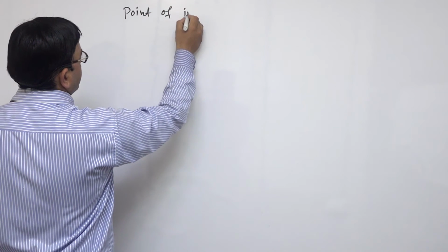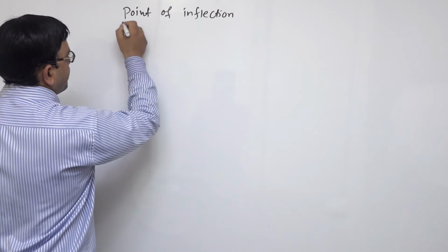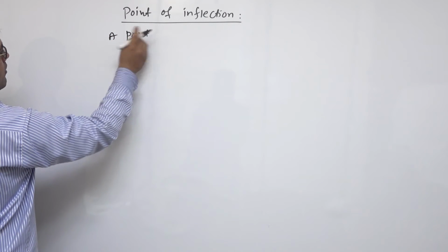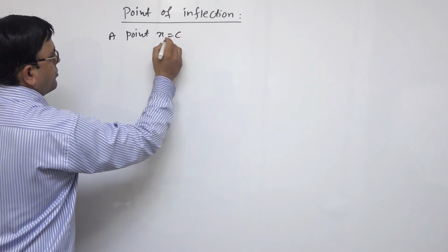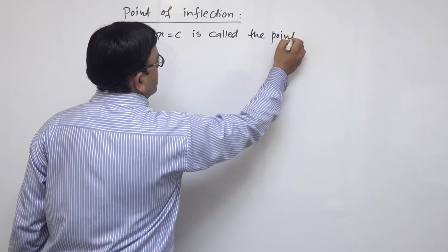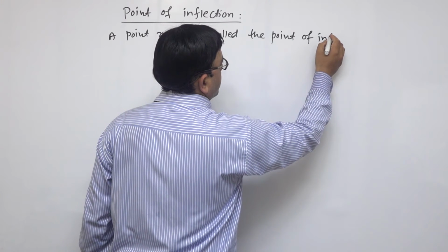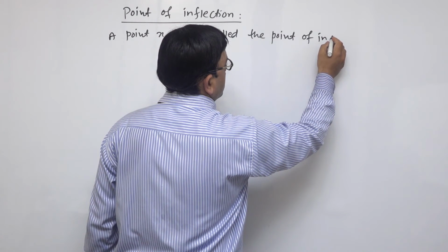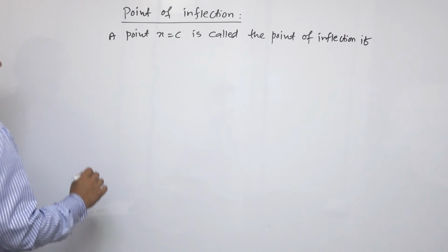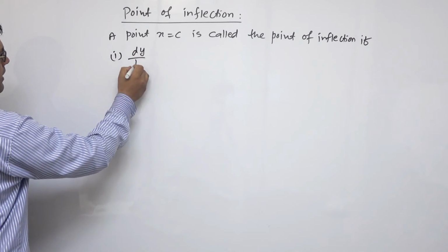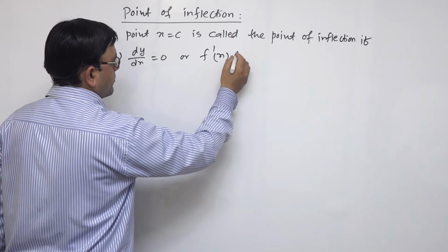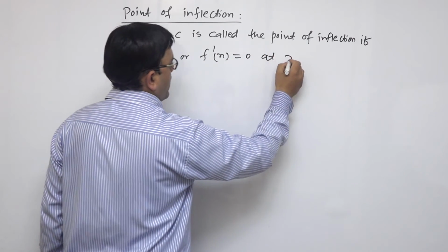Point of inflection. A point x is equal to c is called the point of inflection if first, dy by dx, the first derivative, f dash x is equal to 0 at x is equal to c.